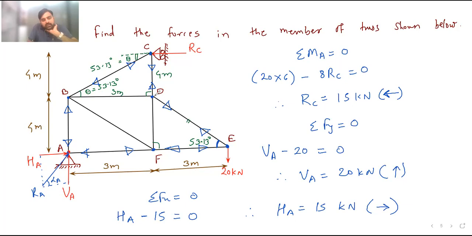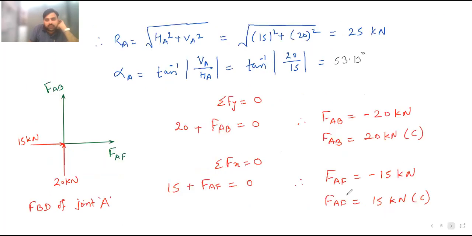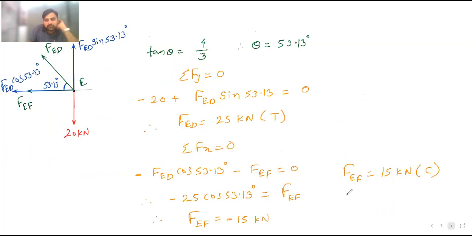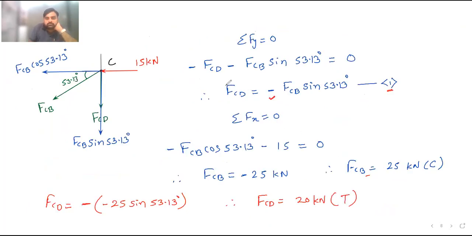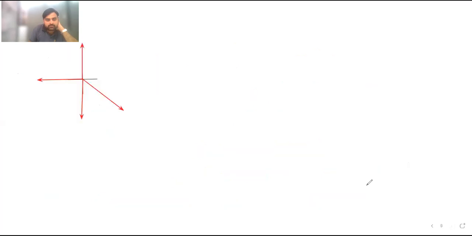Okay. So this angle is also 53.13. These two, what we can say, alternate angles form a Z here. What is the value of DC and DE? DC. Okay, so value of DC, CD, is 20 kilonewton tensile and CB is 25 kilonewton. This is 20 kilonewton.